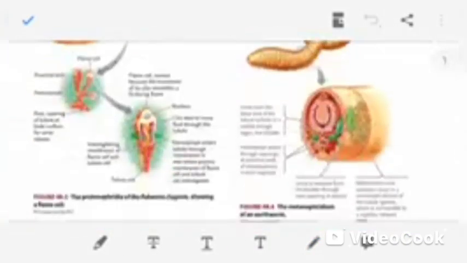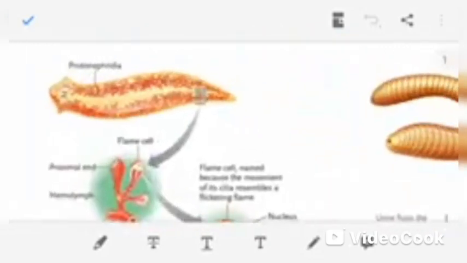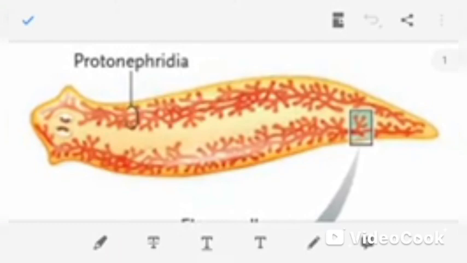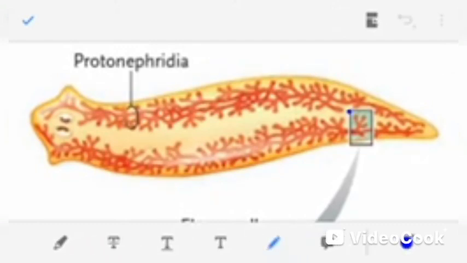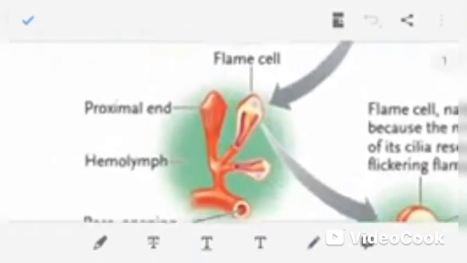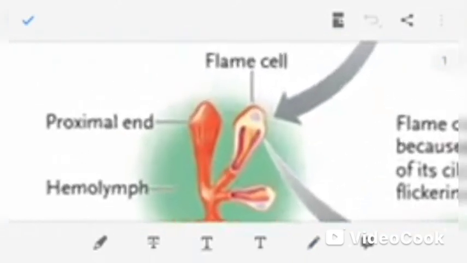Here you can see the structure of protonephridia, this network of tubule, and this portion zoomed.